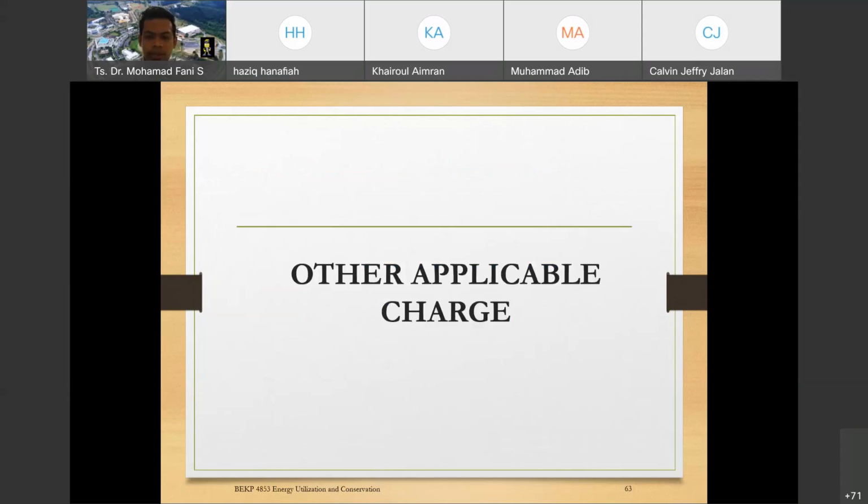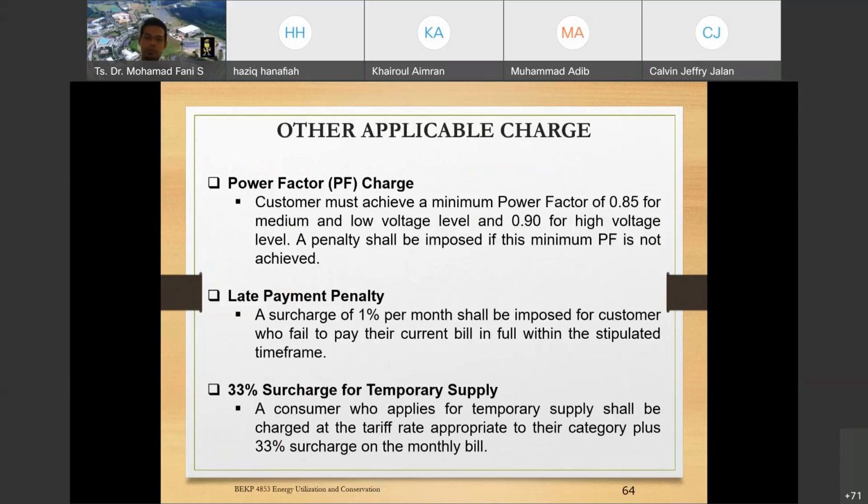Other applicable charges. Now we are going to learn about the other applicable charges, especially power factor and late payment penalty. This one is power factor. The customer must achieve a minimum power factor of 0.85 for the medium and low voltage level, while at high voltage level they need to commit to achieve 0.9.